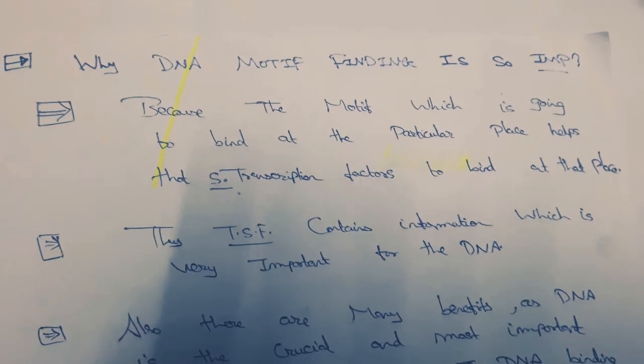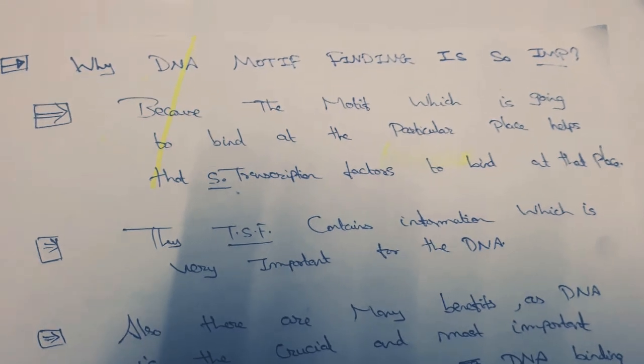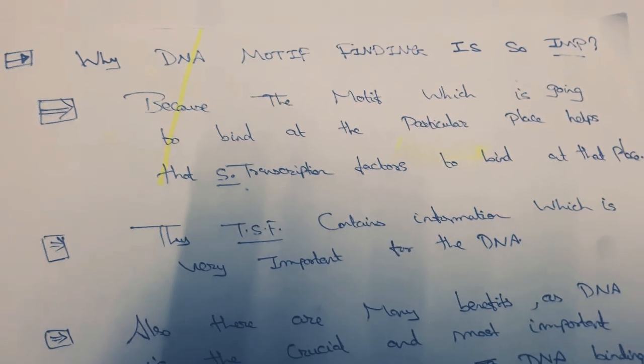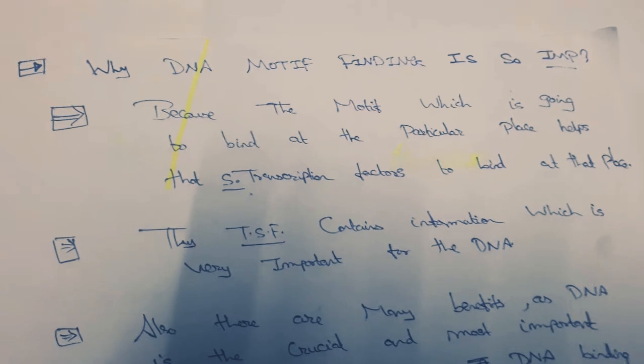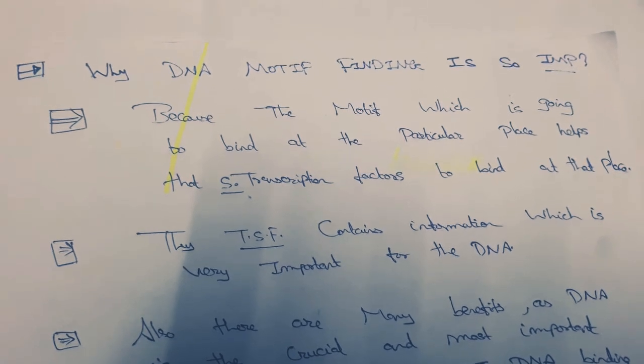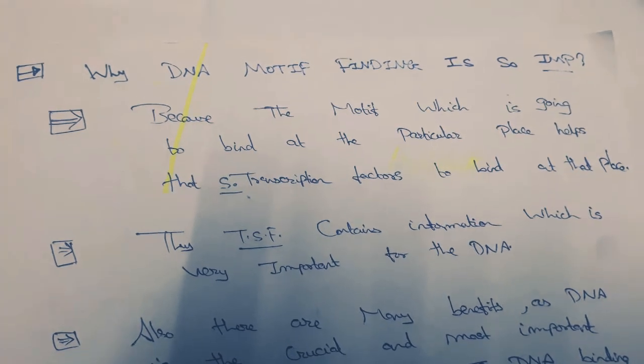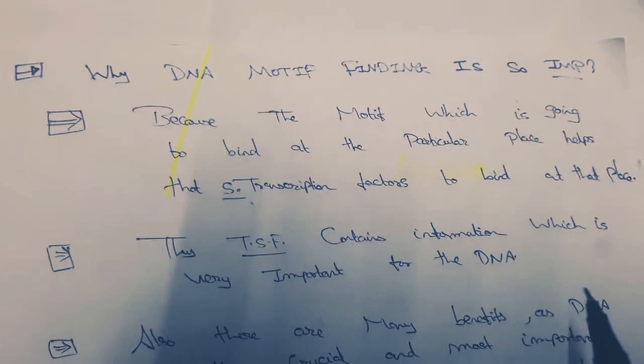Now you might be thinking why DNA motif finding is so important, and why the DNA motif itself is important. The answer is that the DNA motif plays an important role in the binding of DNA and the transcription factor.